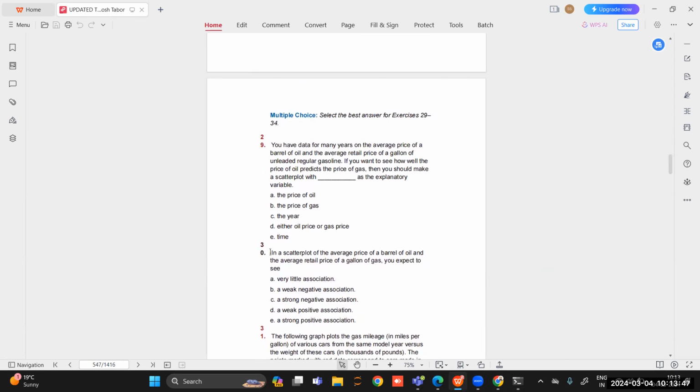Okay, now this 30th one. In a scatter plot of the average price of a barrel of oil and the average retail price of a gallon of gas, you expect to see very little association.